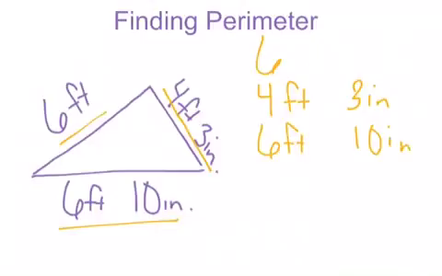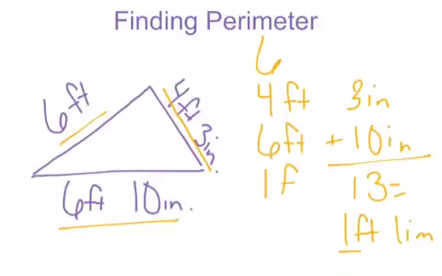I'm going to add up my inches first. For my inches, I know that 3 plus 10 is going to be 13. And we know that there are 12 inches in 1 foot, so I'm going to convert that. 13 inches becomes 1 foot, 1 inch. I'm going to take that 1 foot and add it to my 6 plus 4 plus 6.